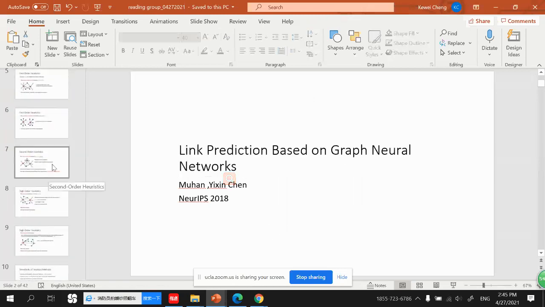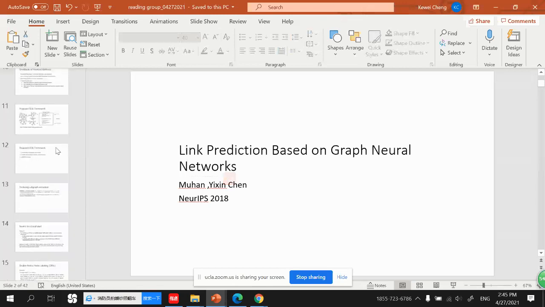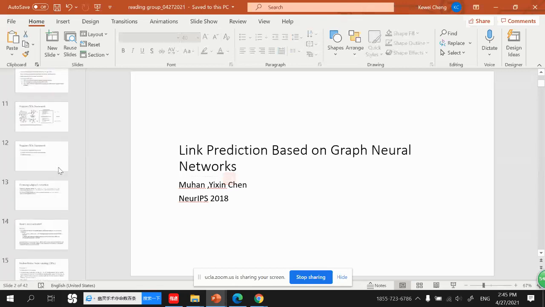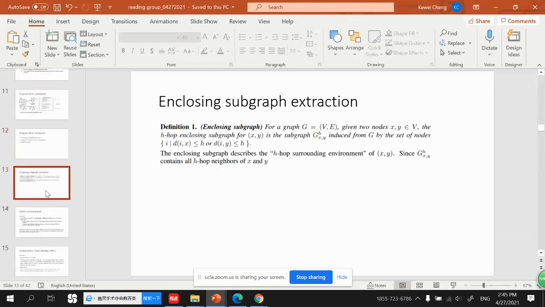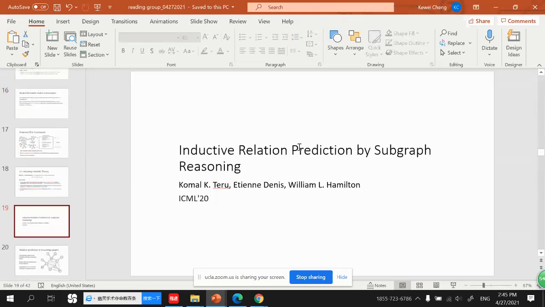For the second paper, the basic idea is to solve the task of link prediction in multi-relational graphs.